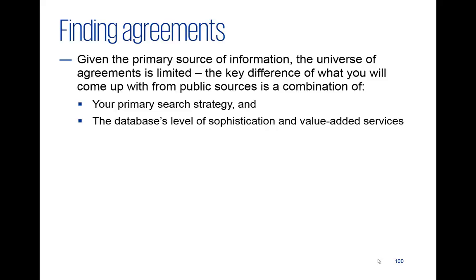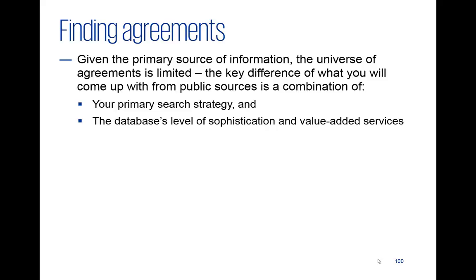You're going to need to consider various different sources you can turn to, and it's going to be a question of becoming sophisticated at creating a good search strategy so that you can quickly find the documents that you should be reviewing and eliminate the ones that you shouldn't be spending time on. Looking at these agreements can become incredibly time intensive, so you need to develop a system by which you can deal with this relatively quickly.